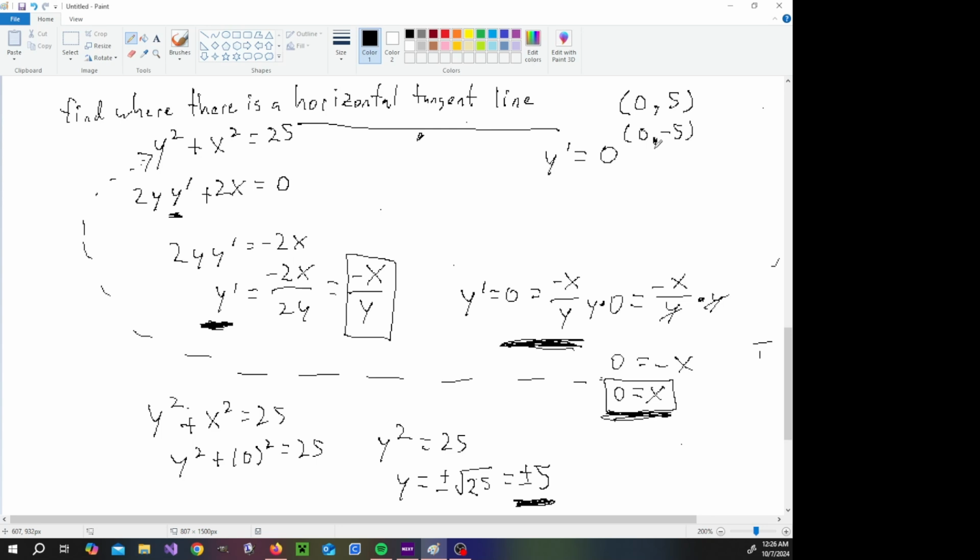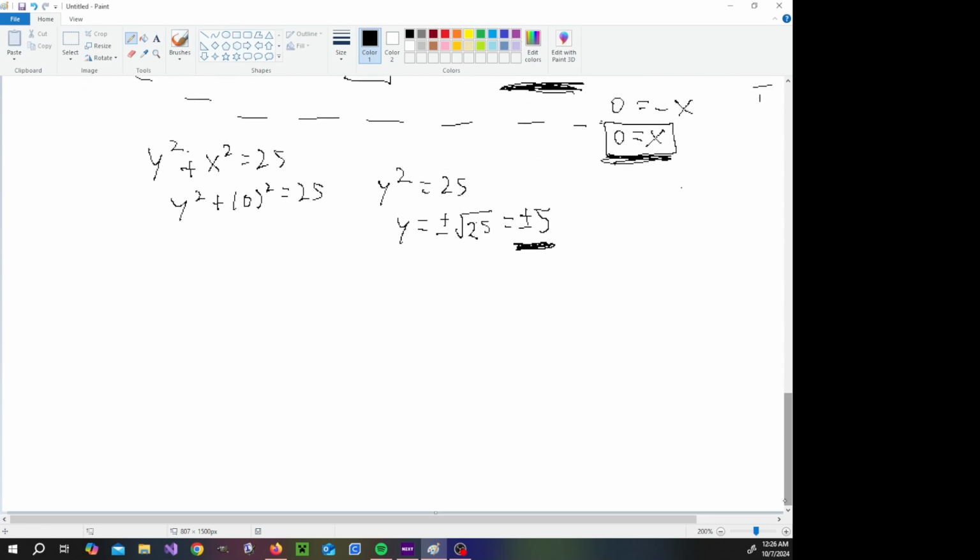Very good. Now, a slightly different way of tweaking the question is, what if I instead said vertical tangent lines? Well, again, I had that y prime is equal to negative x over y. Well, what makes us have a vertical tangent line, right?